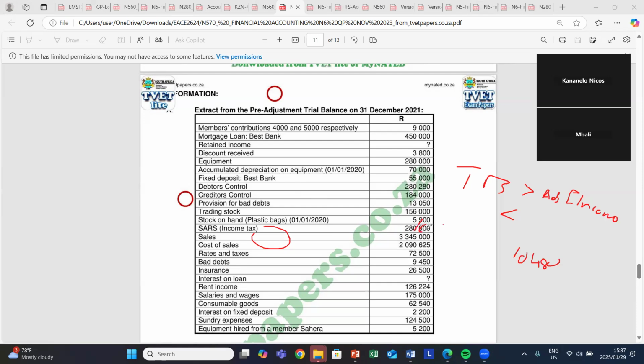You can clearly see that the trial balance one is more than the adjustment one, because the one in the trial balance is 13,000 and the other one in our adjustment is 10,000 rand. So therefore the difference we are going to record under our income. So let's check the difference between the two amounts.